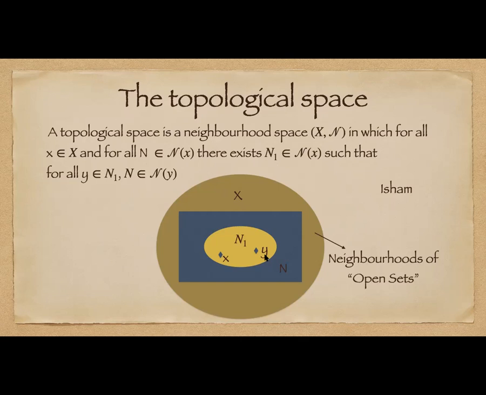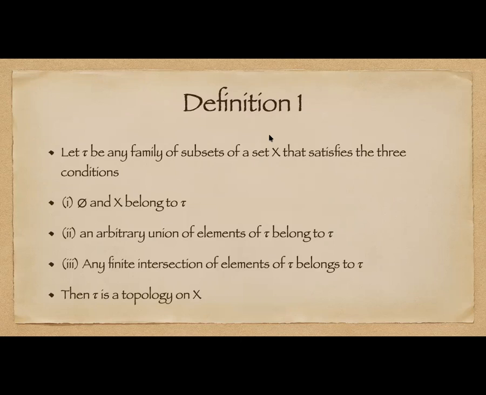That is why we had to introduce the definition of an open set to bring in the definition of a topological space. Now, the usual definition of the topological space, which would be definition 1 of this lecture, is based on this open set structure and this notion of nearness, which we tried to capture in the definition due to Isham.